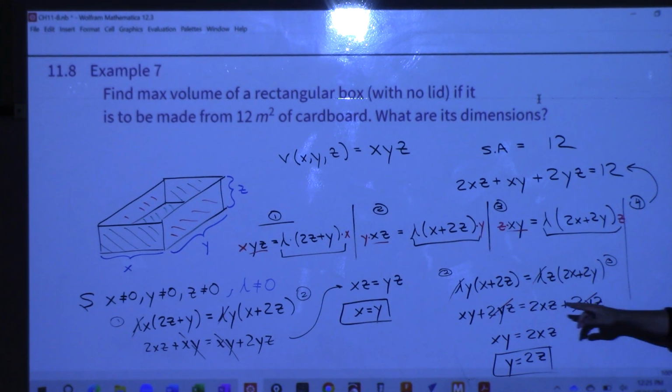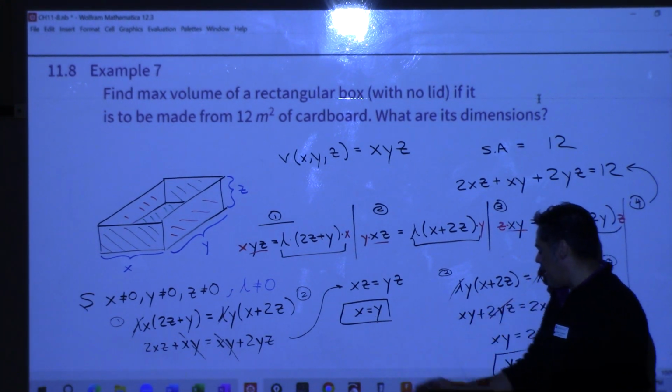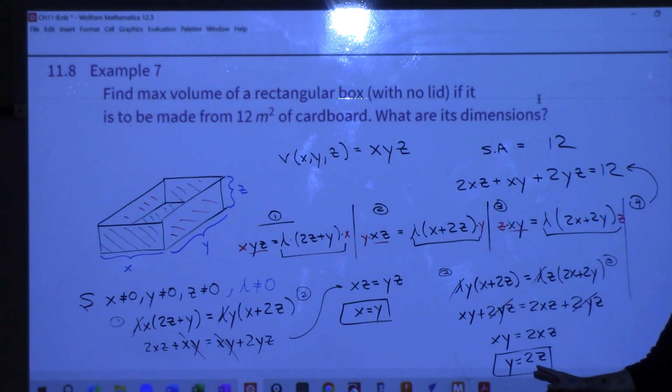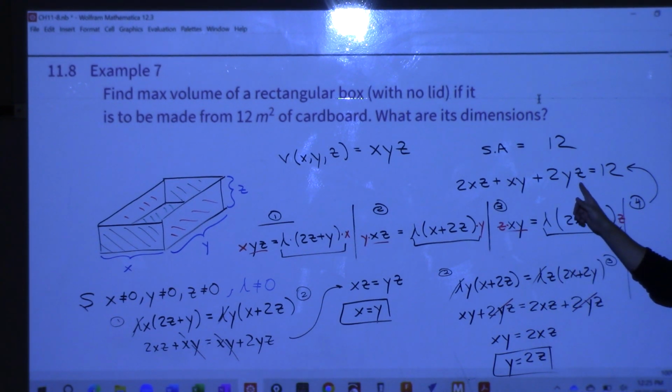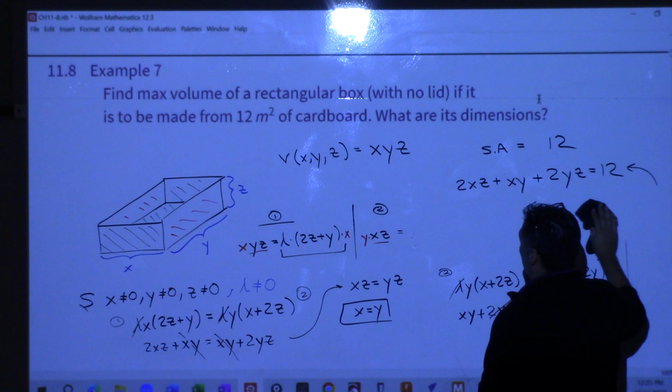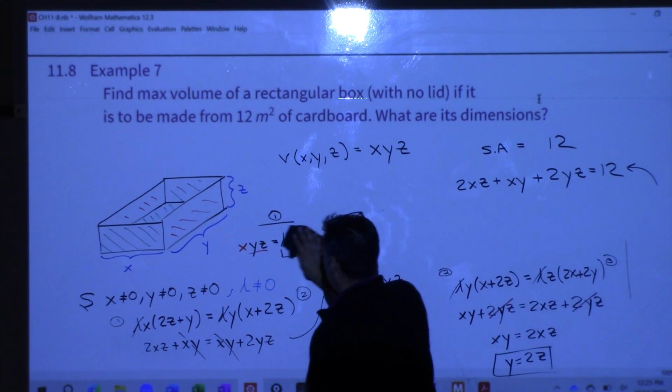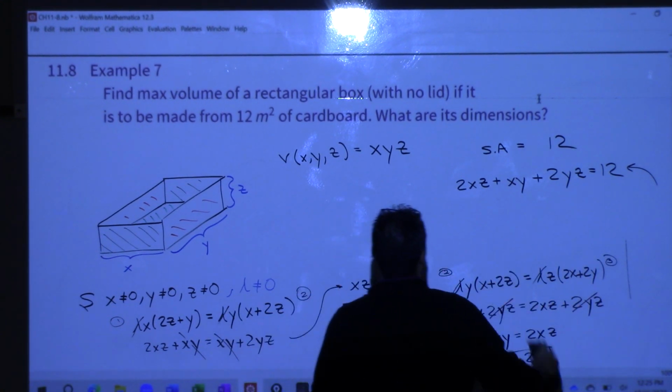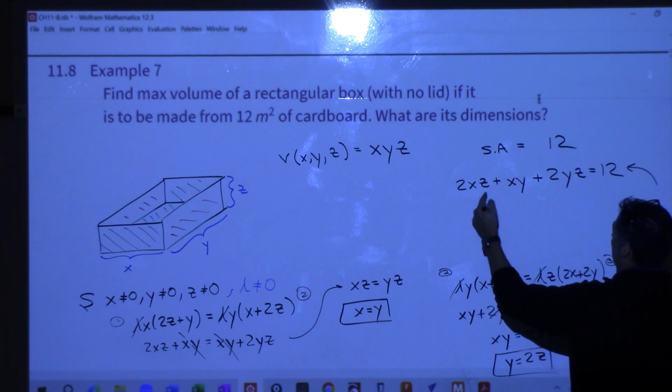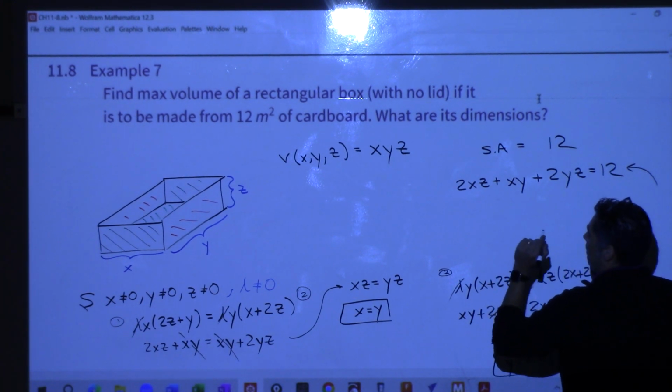I know x in terms of y or y in terms of x, and I know z in terms of y. Let's go to the last equation. We can write this in terms of all one variable. Which variable do y'all want? Y? I say y. Let's go with y. So I'm going to equation 4. I apologize, I'm out of room and all over the place, but I'm trying to get it on camera. I'm going to replace everything in terms of y.